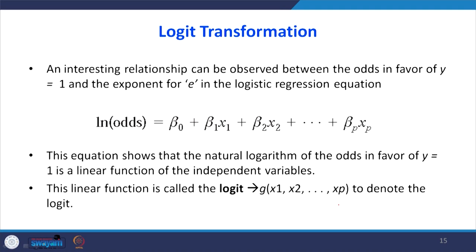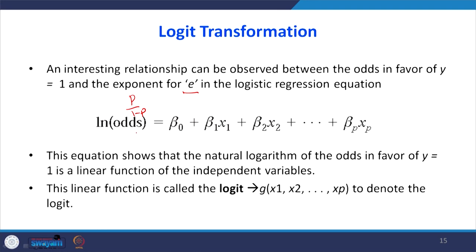First we will see what a logit transformation is. An interesting relationship can be observed between the odds in favor of y equal to 1 and the exponent of e in the logistic regression equation. As I told you previously, when you take the log of the probability of success over the probability of not success, that is nothing but the logit function.